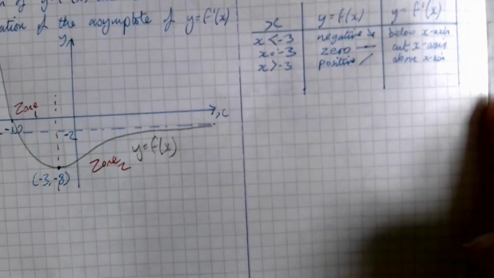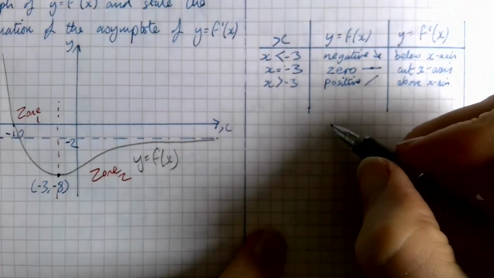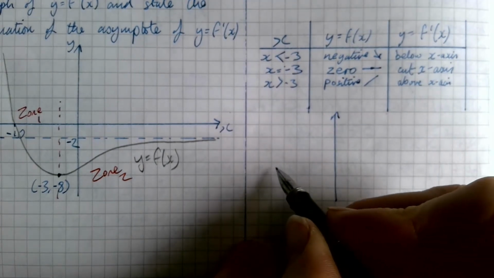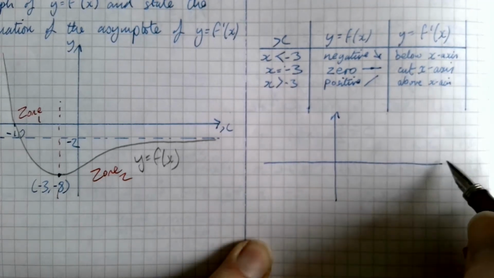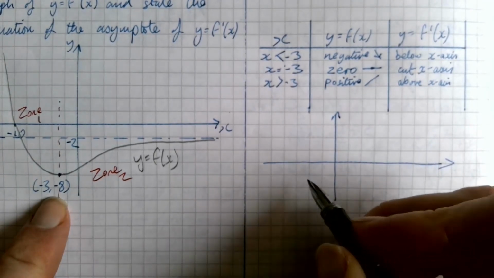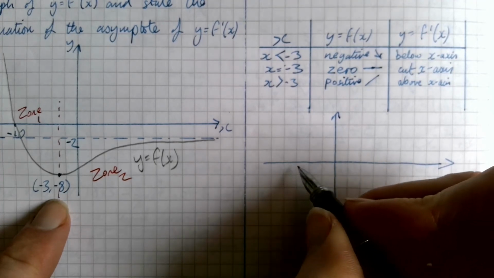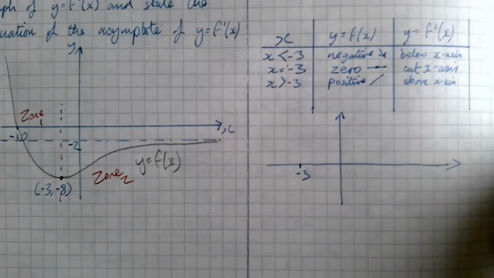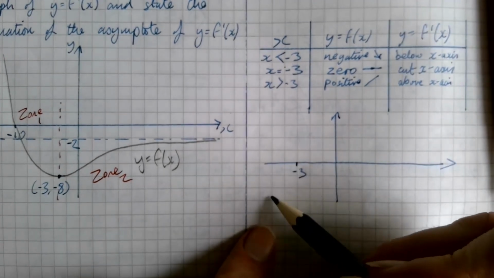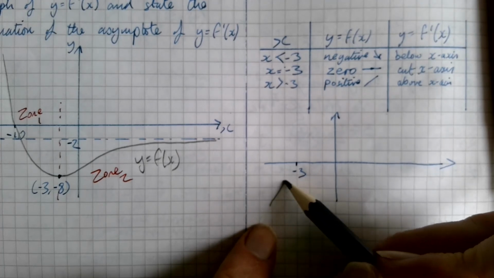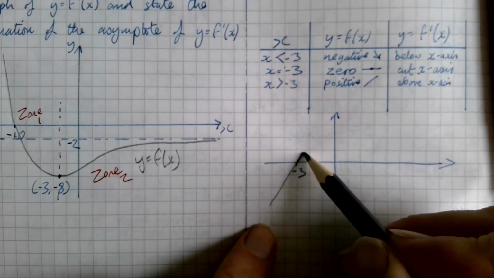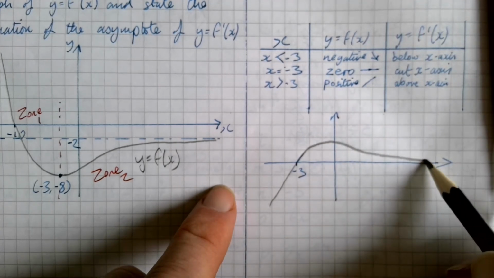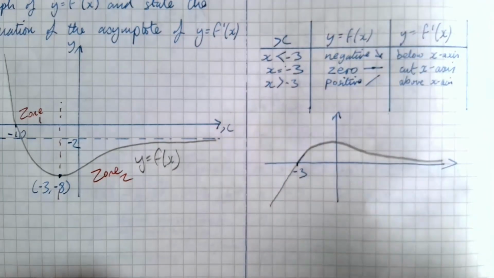What does that look like? That's going to look like our first important point to show on here is going to be -3 because that's where it's going to cut. So it was negative before, then it's going to be positive, and then it's going to come back down again towards 0.